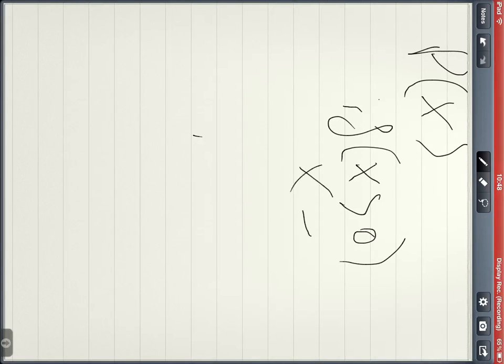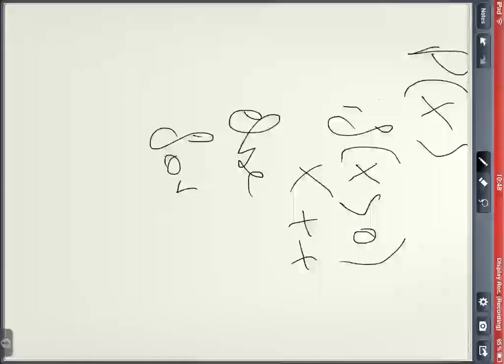For example, focus on this algorithm with me. Can you see it on screen? Is it big enough? Yes. Okay. So this algorithm takes as input some array A and some integer x.